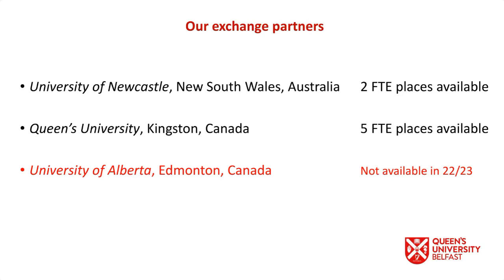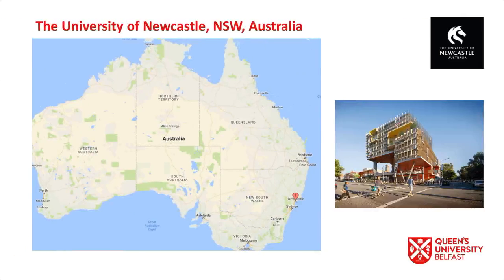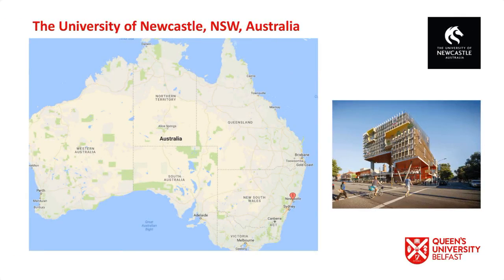So what I'm going to do is look at the 2 institutions. And we do have a video in the middle of the presentation, so we will play that. Hopefully it'll work for everybody. But we'll look at the University of Newcastle in New South Wales in Australia. It's situated on the eastern coast of Australia, about 2 hours drive north of Sydney.